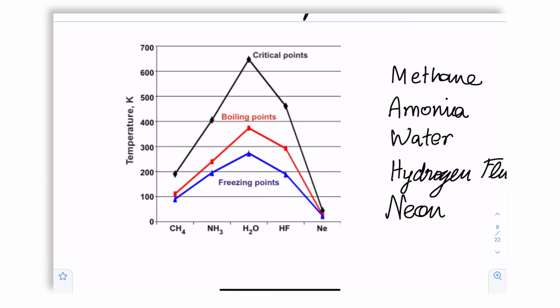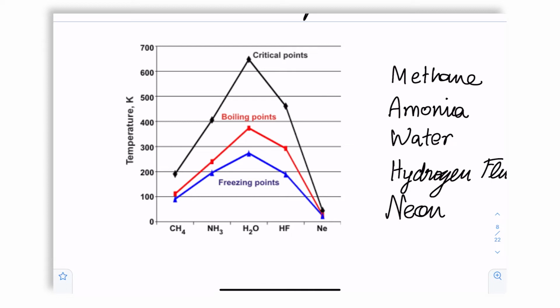Indeed, anything we say about water in terms of being special is in relation to other fluids. So here is an example of the temperature dependent state changes in the freezing and boiling points, meaning the temperature below which that fluid will become a solid and above which it will become a vapor or gas.